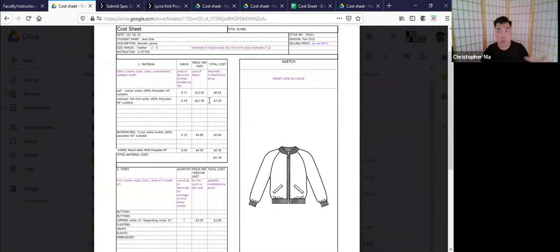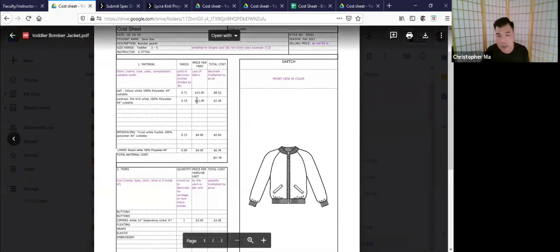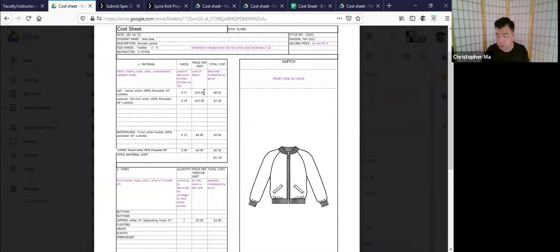Yours will be at least 1 point something, okay? And the cost of the fabric is, they say, $12 a yard. For you, it'll be 24, right? And then you multiply this one and this one, this is what you're gonna get. Remember 2 decimals. All right.